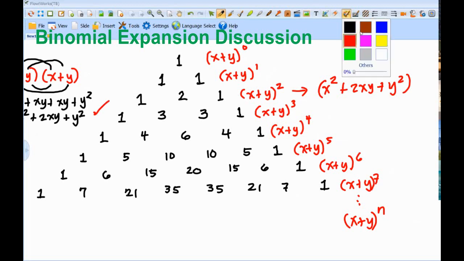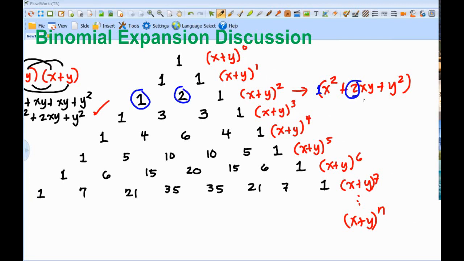This one is 1, and this is 1. This one is 2, and this is 2. This one is 1, and this is 1. All right? So when you expand x plus y to the power of 3, you are expecting the numerical coefficients to be 1, 3, 3, 1.